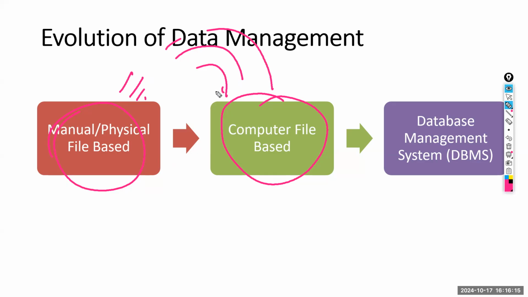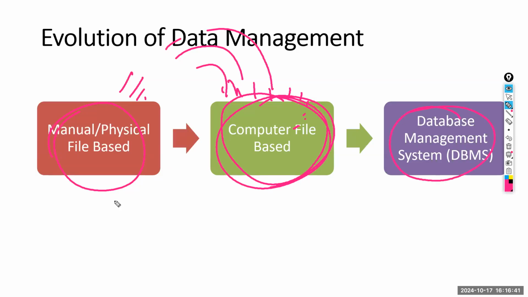Still, we use computer-based files like our Word documents and PDF files, but those are not mostly for data handling, rather for documents. But till around the 1980s, files were mainly used for data handling. These days, we don't use computer-based files for data handling much. Rather, we use database management systems.